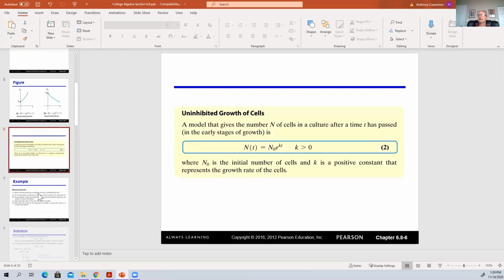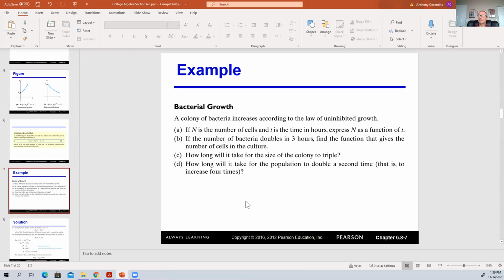And so I like this example here, this idea of bacterial growth. And so what we're going to do is we're going to set this up where a colony of bacteria increase according to the law of uninhibited growth. And they're using the letter N. We could use A. So I'm going to use N because that's what's in this problem here.